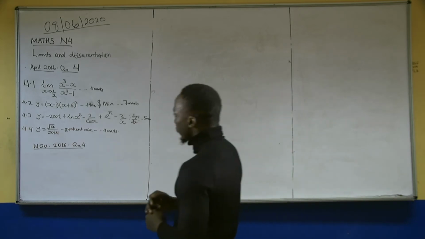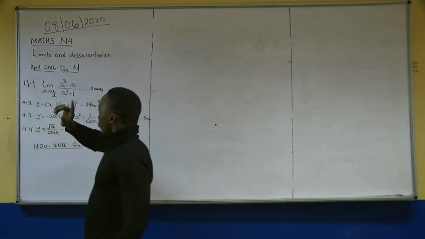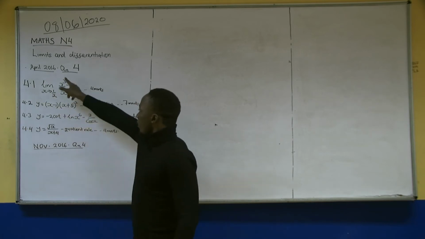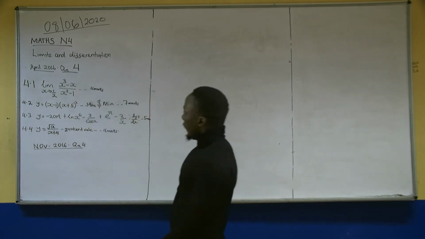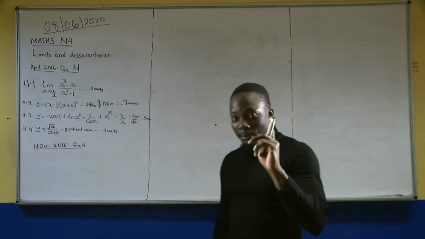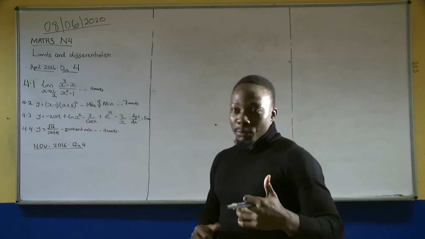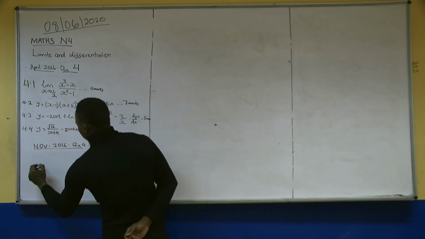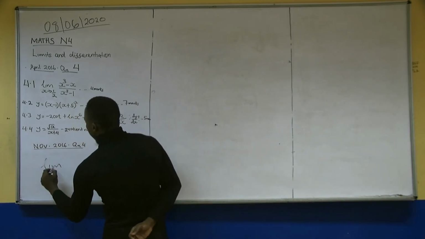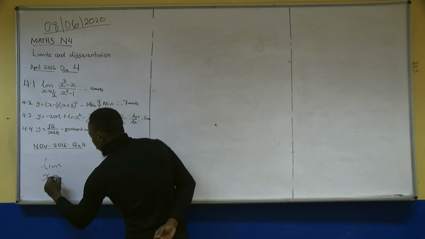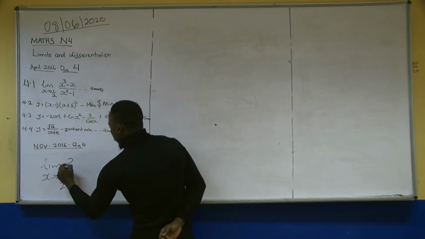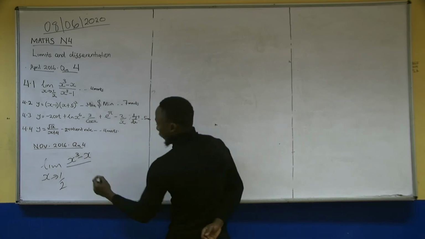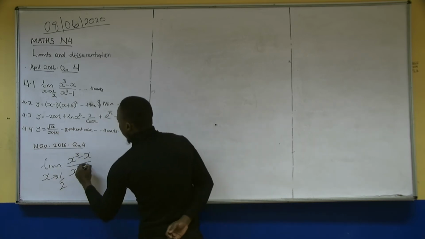It was saying part 4.1, find the limit as x goes to a half of this function. Remember I did it last time, but let's do it to recap. So the question says find the limit as x goes to a half of the function x cubed minus x over x cubed minus 1.